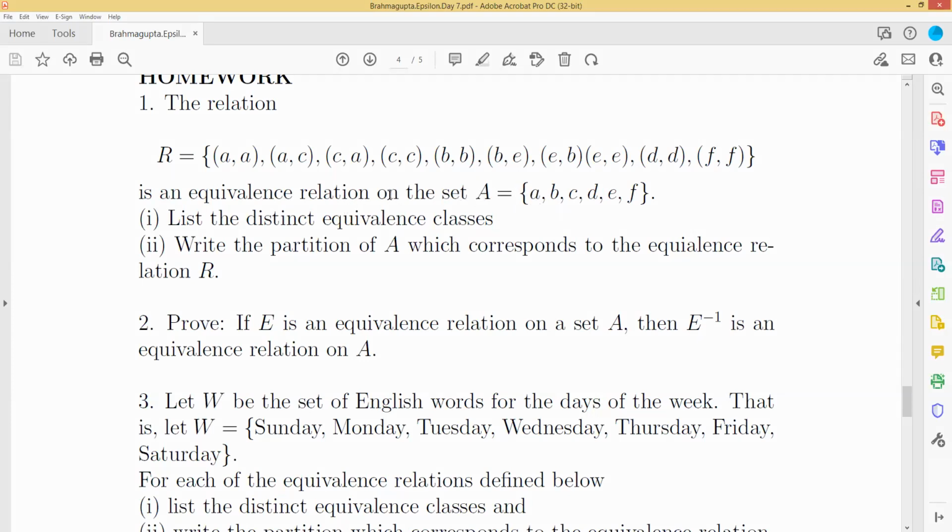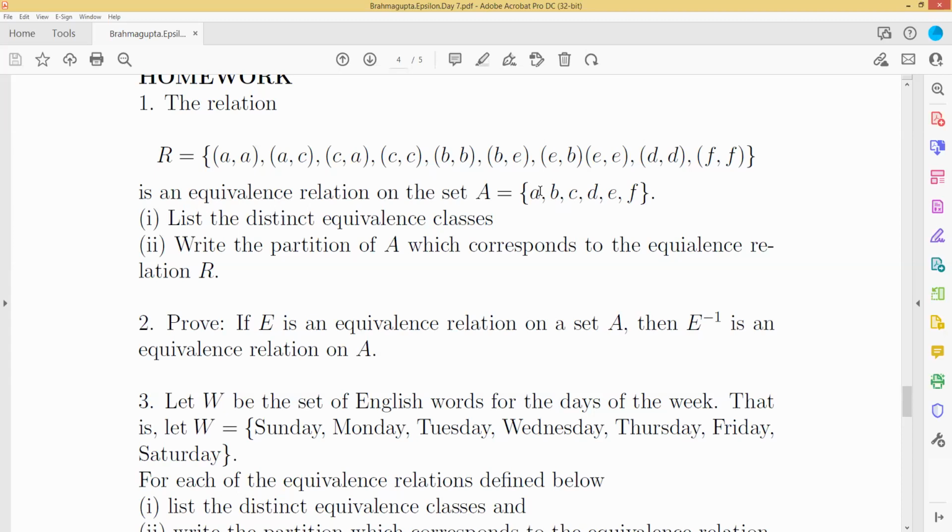If A, comma B is in this set, is A, comma B in there? No, sir. So A is not related to B. What else do you find here? A, comma A and A, comma C. They are in the same equivalence class.